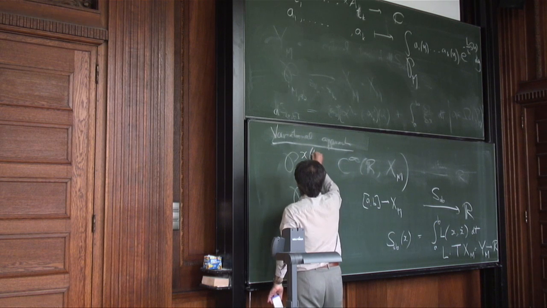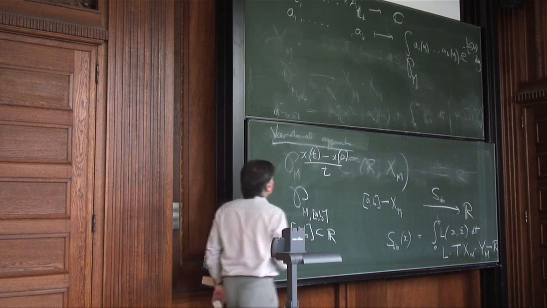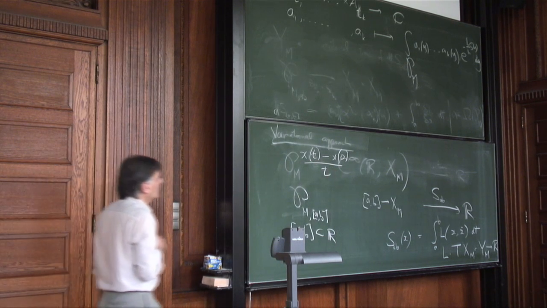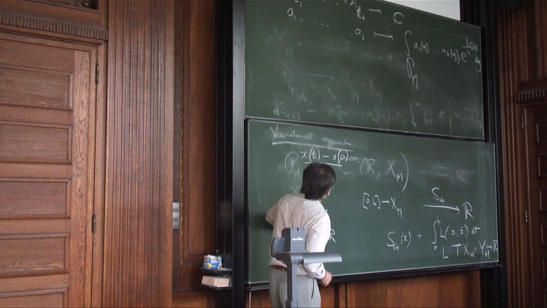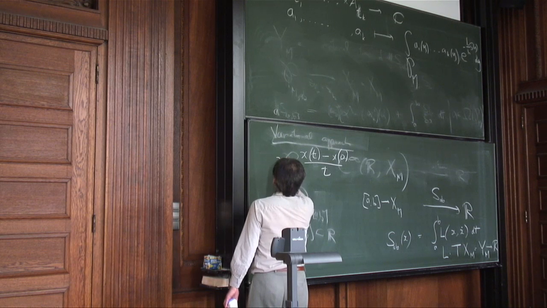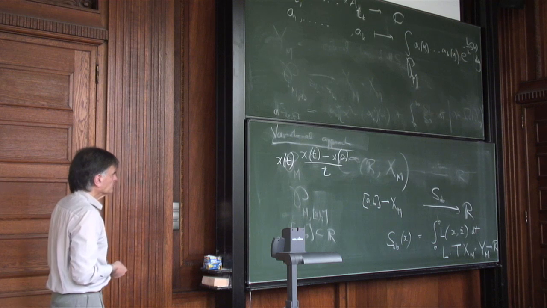Well, you look at where it was at time t, look at where it was at time 0 and divide by t. So that small t is an approximation to the velocity presumably at time half t. Supposing we do that, and this is a function of a path x. Supposing we look at where it is at time t.